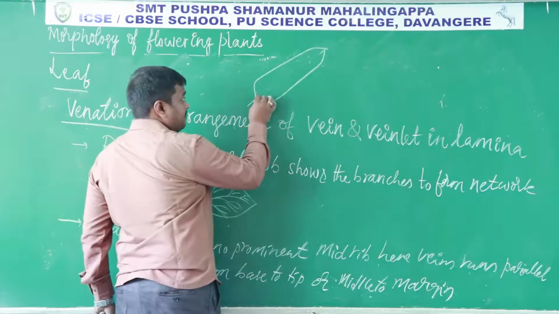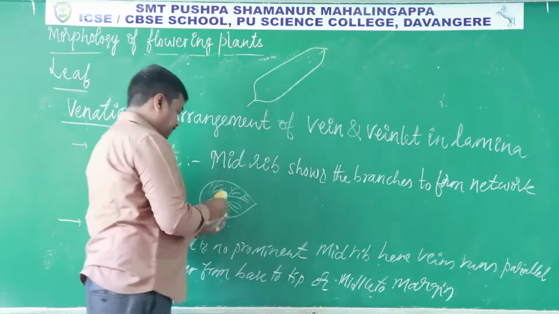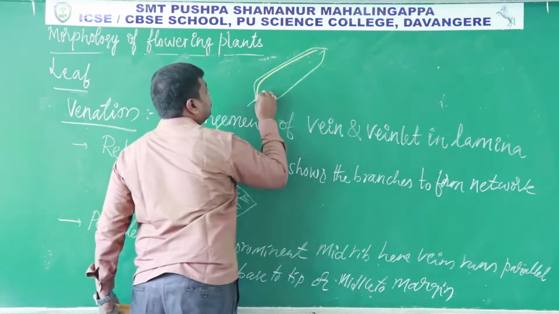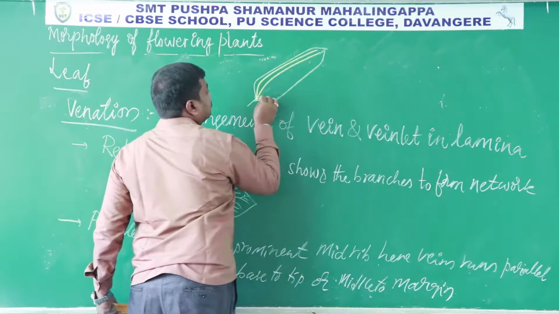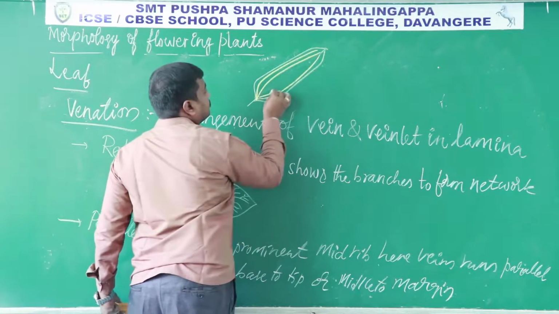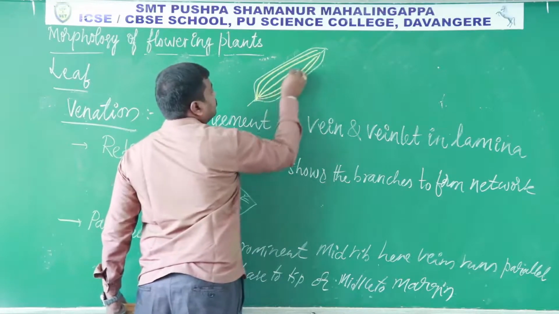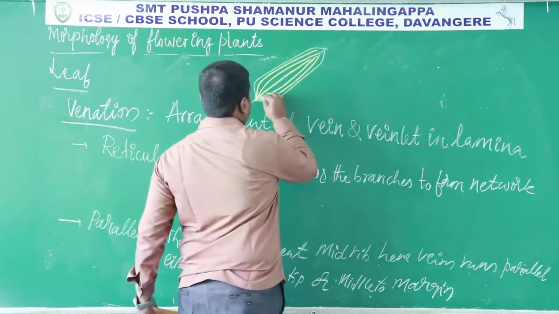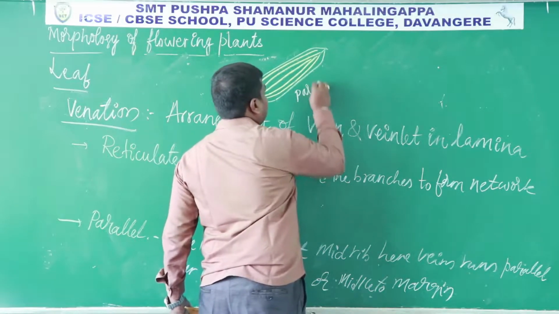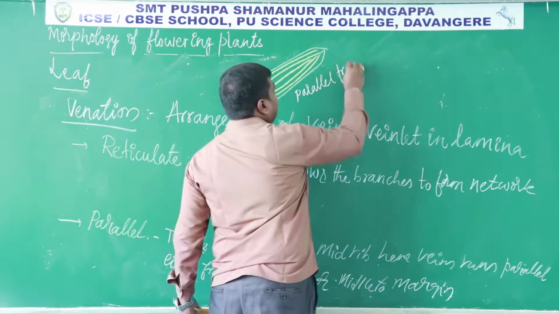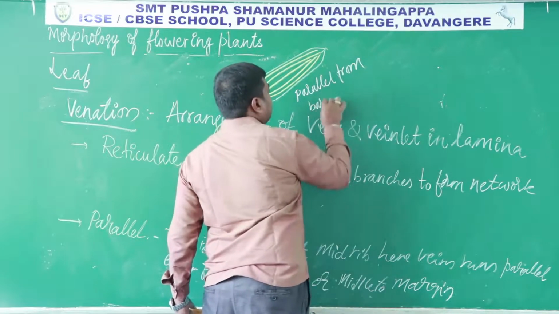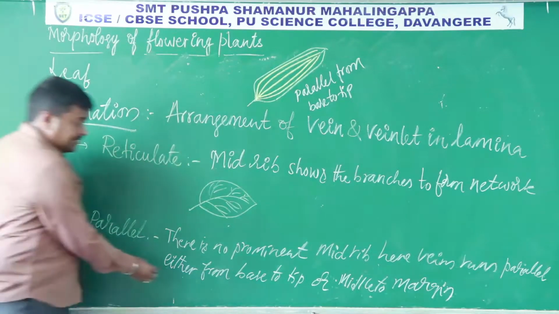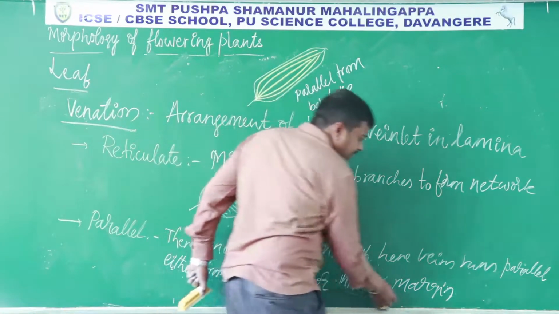From base, ಇದು base of a leaf, base to tip ಗೆ there should be a parallel like this. ಈ ತರ parallel ಇರಬಹುದು. Here parallel from base to tip. ಇದು ಬೇಸ್ ಇಂದ ಟಿಪ್ಪಿಗೆ ಪ್ಯಾರಲಲ್ ಆಗಿದೆ. ಅಂಡ್ ಐದರ್ ಫ್ರಮ್ ಬೇಸ್ ಟು ಟಿಪ್ ಆರ್ ಮಿಡಲ್ ಟು ಮಾರ್ಜಿನ್.